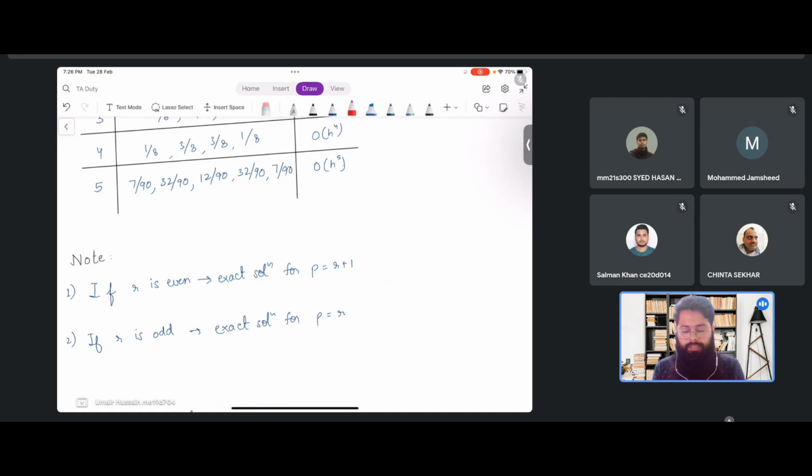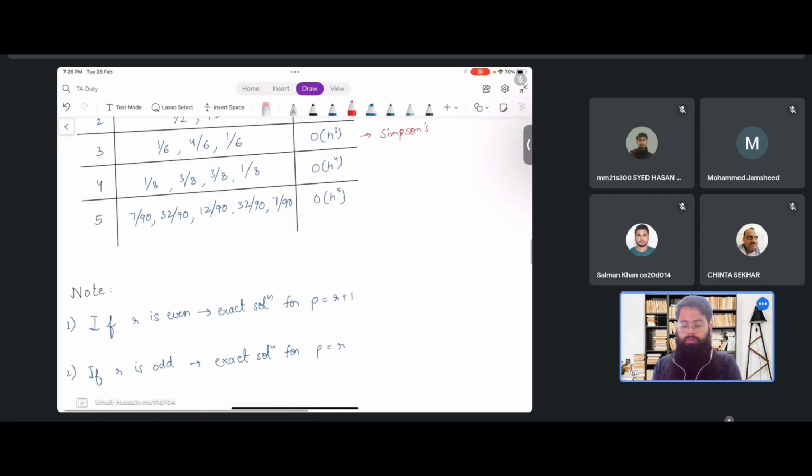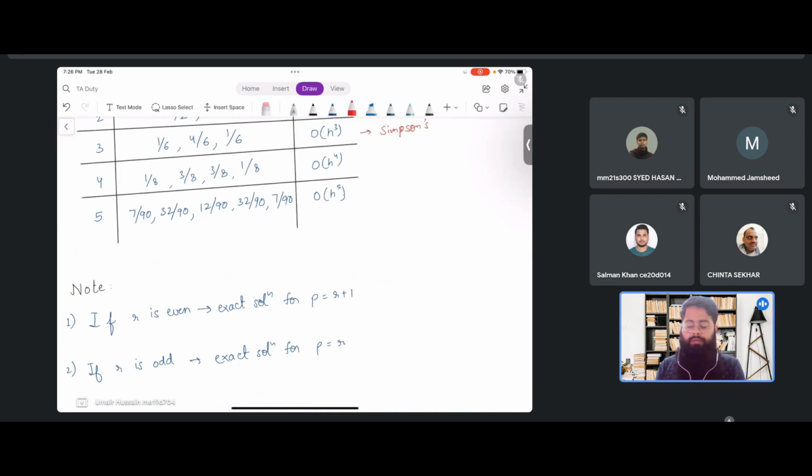Okay, so if R is even, we get exact solution for polynomial of degree R plus 1. And if it is odd, we get exact solution for P equals to R. So that is all about Newton-Cotes. There's not basically much. And with this, we finish the numerical integration schemes.